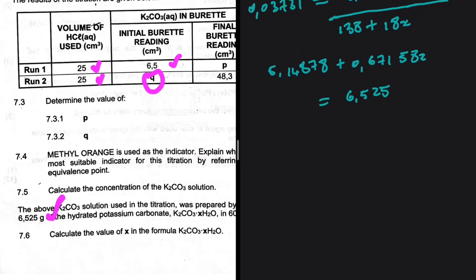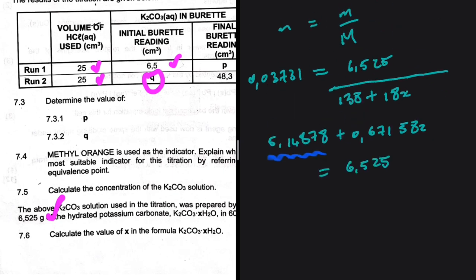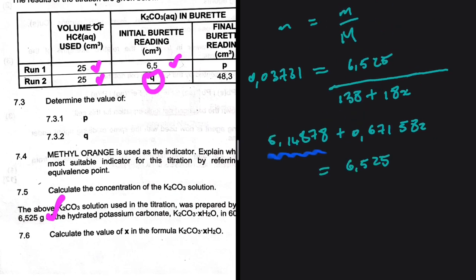So obviously I'm going to take this to the left hand side. 6.525 minus, is this 5? Is this 5? Okay, let me multiply 138 with 0.03731 again. 5.1485. So this is 5. I think I don't want to get to the final answer. I'm taking as long as I can because I don't want to get to the final answer. This question is really freaking me out.